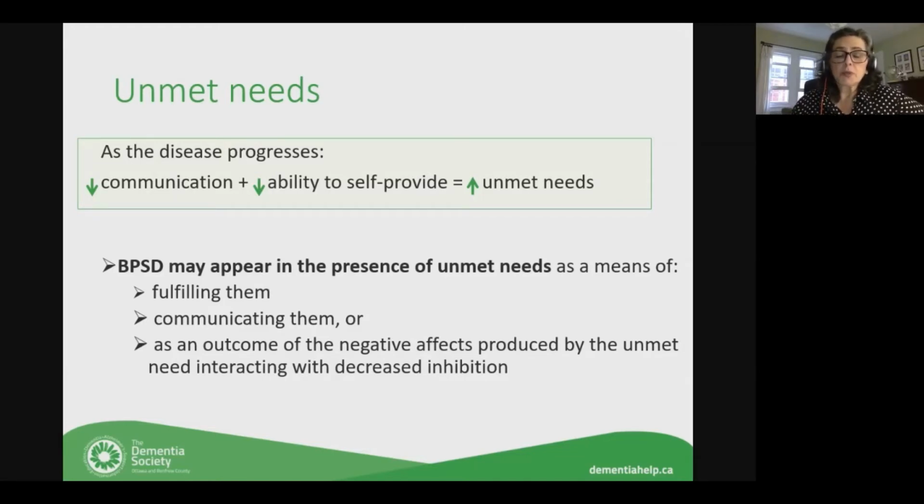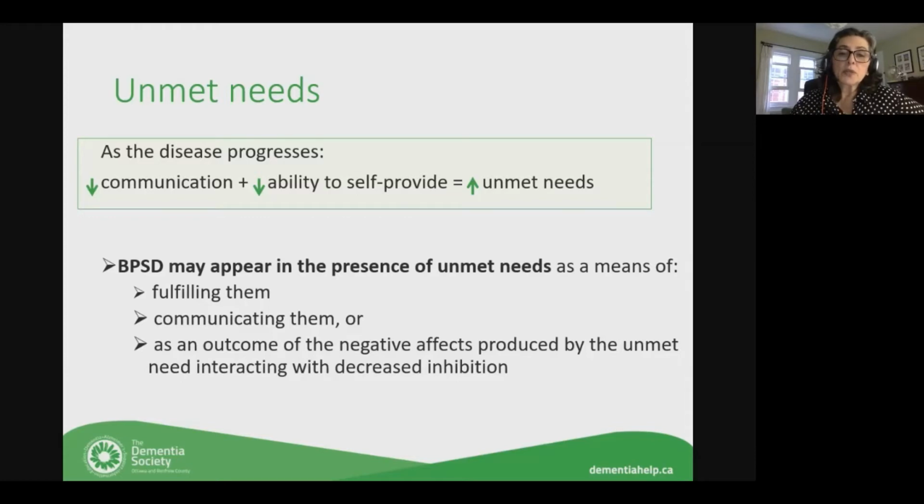So we're maybe more concrete, we are comprehending less well in conversation. So communication is affected, and our ability to provide for ourselves, so we are more functionally impaired as well. And the combination of the decline in both of those things really creates an increase in unmet needs.